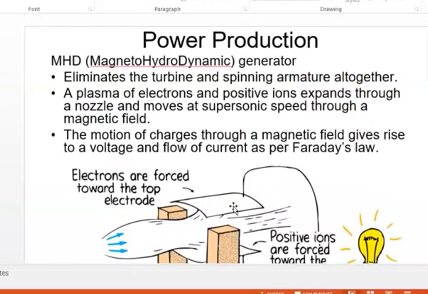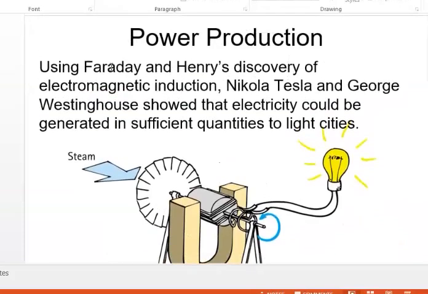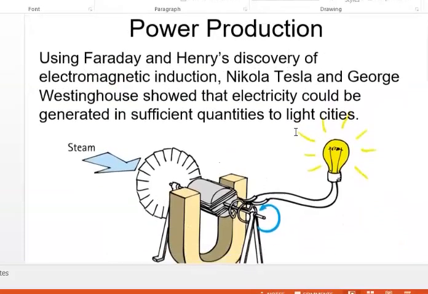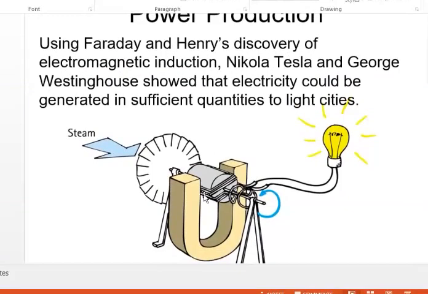Now, power production using Faraday's law, I have already discussed that. This is a small sample, a model of power production at power stations like thermal power stations, hydropower stations, nuclear power stations and wind. Everything in the setup will remain the same.